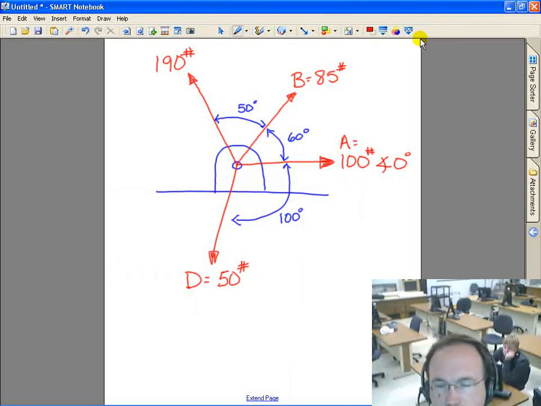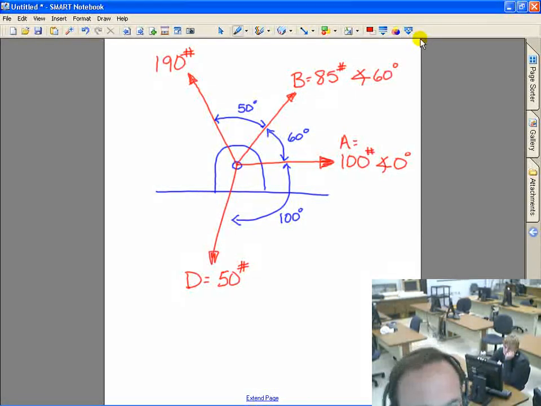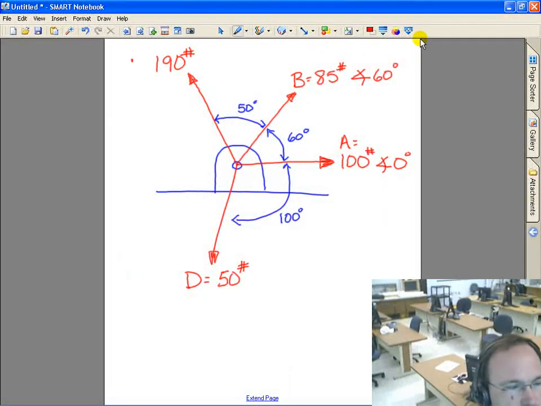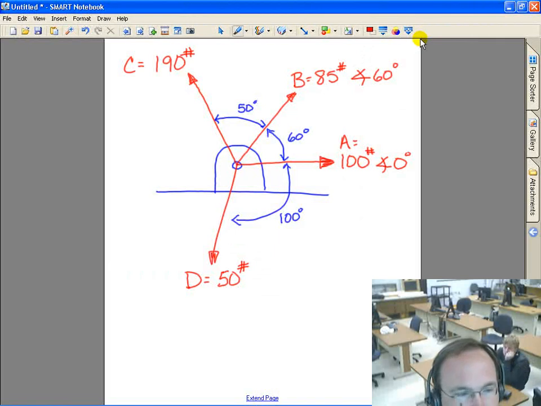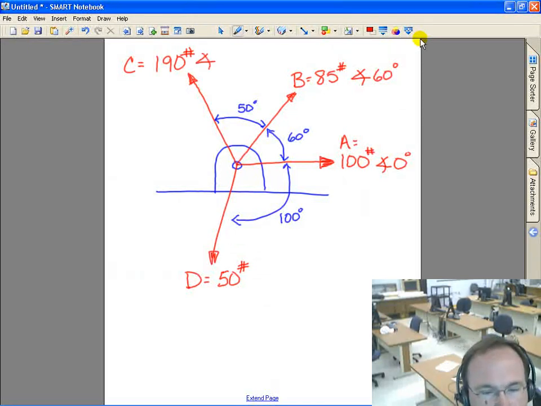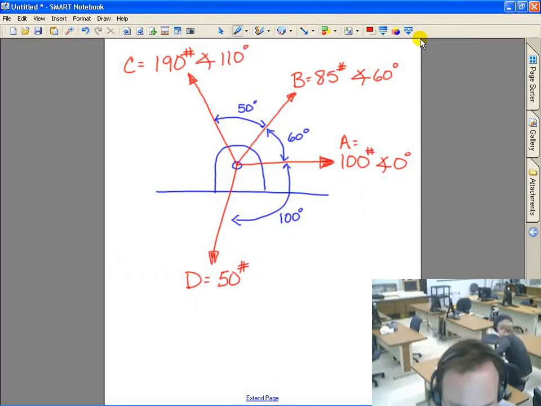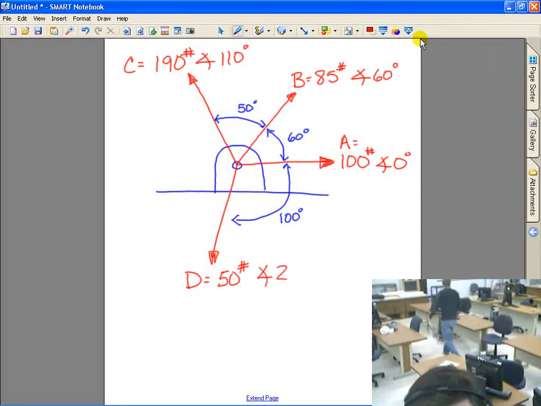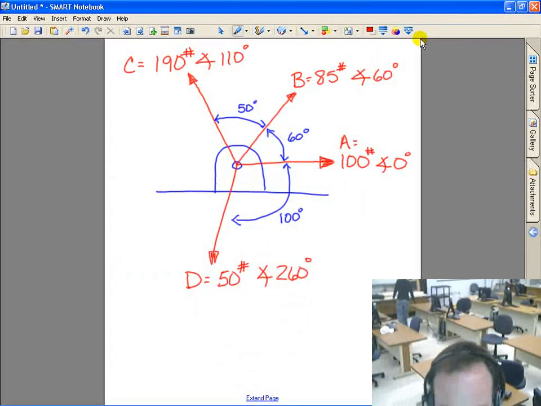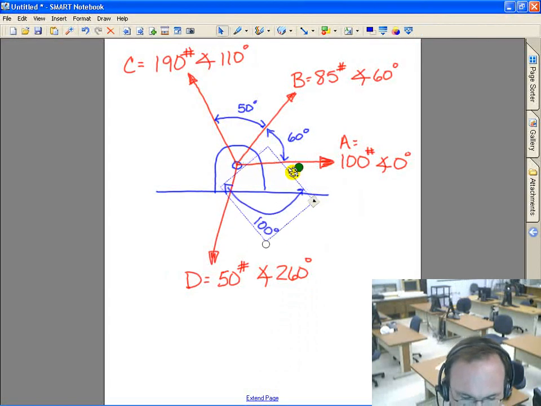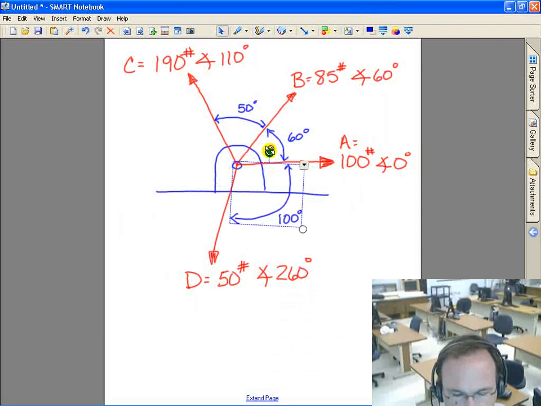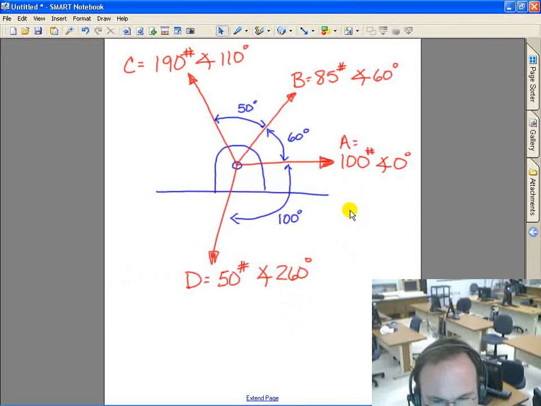Well, if this is 60, B is acting at an angle of 60 degrees. Force C is acting at an angle of 110 degrees. And force D is acting at an angle of 260 degrees. I got that from this right here. 360 minus 100 is 260 degrees.